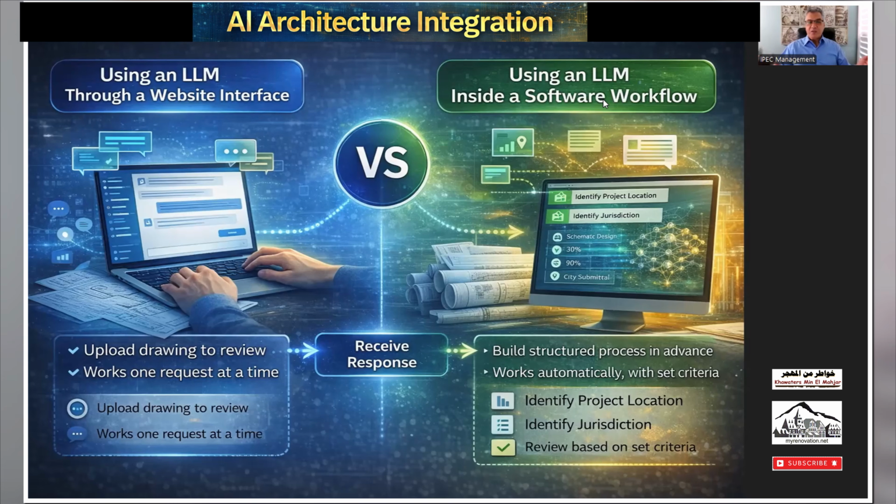And then with each of these submittals, you identify the review required. Why is that? Because when you have a schematic drawing set, you review it completely differently than when you have a plan check submittal review set.